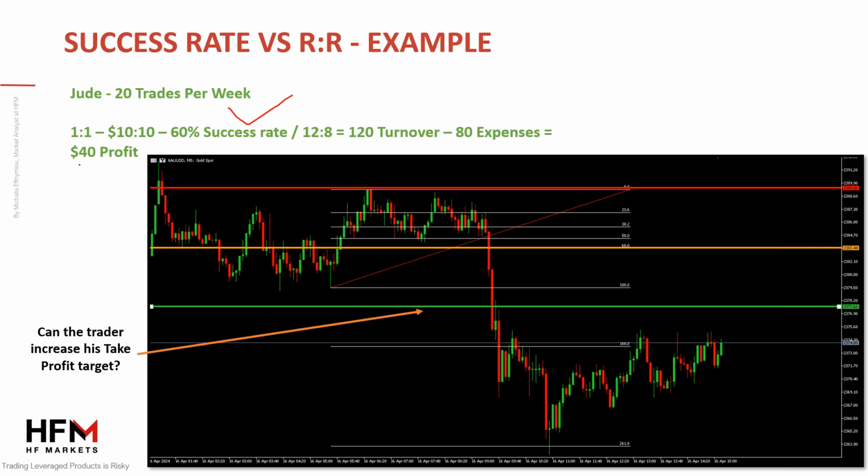But his profit is very low because he has a reward to risk ratio of 1-to-1, so he's looking to earn $10 and he's risking $10. He's opening 20 trades a week, so his profit is $40. He wants to improve his success rate because it's still lower than he would like it to be.